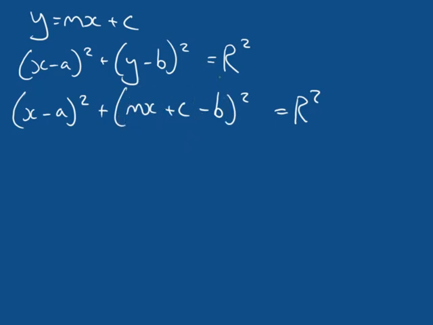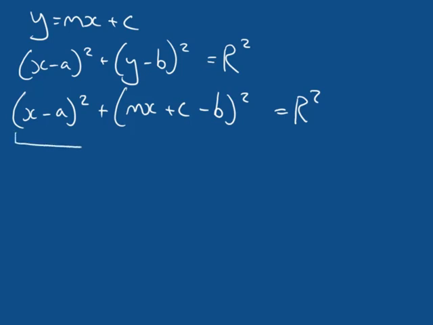Now, to make this a little more clear, I'm actually going to add a few extra stages in our working than I usually would when I would be expanding this in my own time, just to avoid losing anyone with the expansion. So hopefully you can follow along very clearly with what I'm doing here.